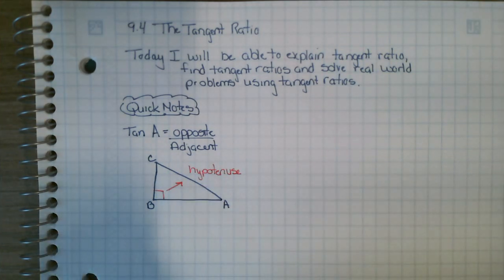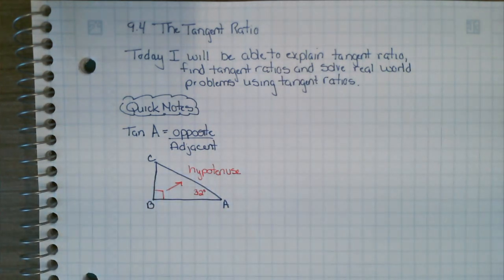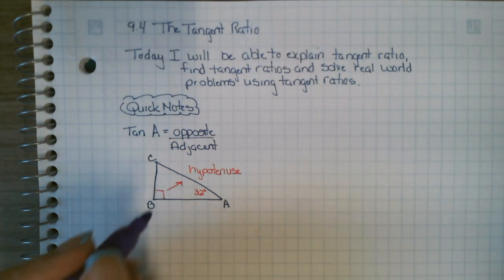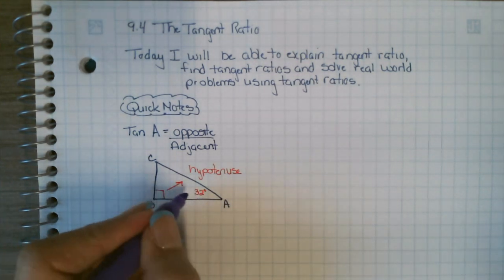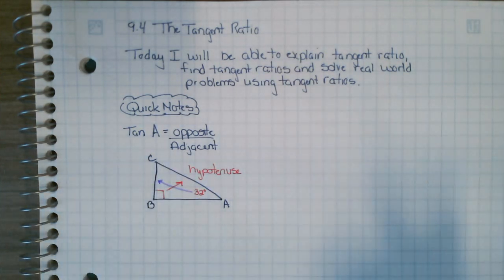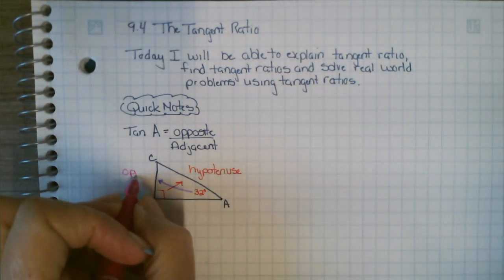All right, so I'm going to put 32 right here, 32 degrees. When we're looking at opposite, we're looking at the angle they're talking about, and you draw an arrow across from it. That will be our opposite leg. So this would be opposite.